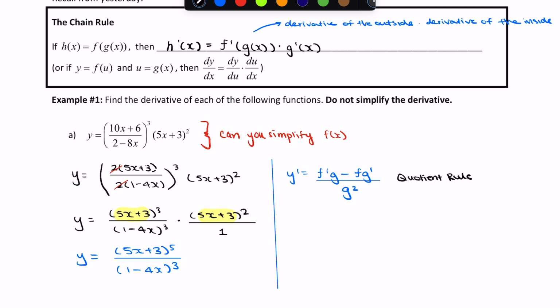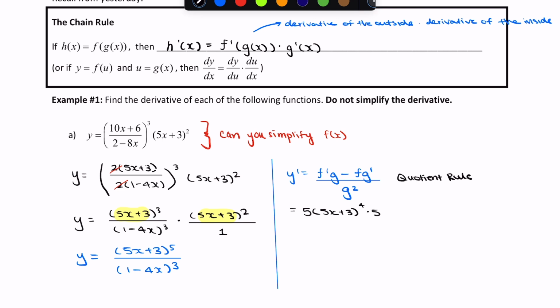First thing we want to do is find f prime. So again, f prime here is equal to the outside: 5 times 5x plus 3 to the power 4, and the inside is 5.